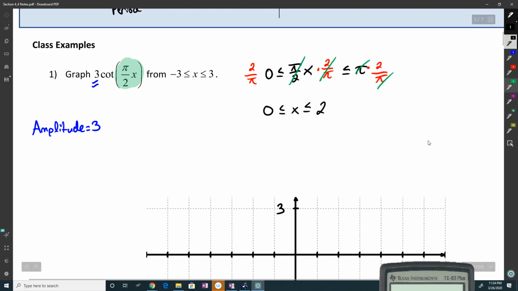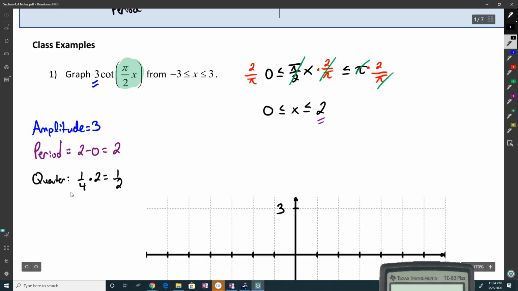From looking at this, we can see that the period is just 2 minus 0, which is 2. You don't really have to say 2 minus 0, but if the two numbers weren't easy, like if this is an ugly number and the left is also an ugly number, you find the period by subtracting. Anyway, that's 2, and then we have the quarter, which is 1/4 times 2, which is 1/2.